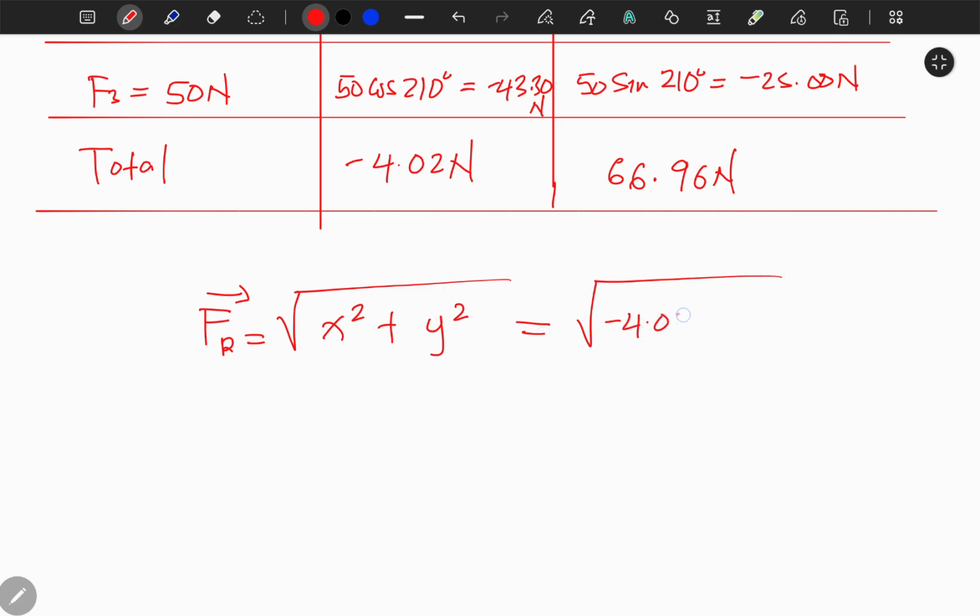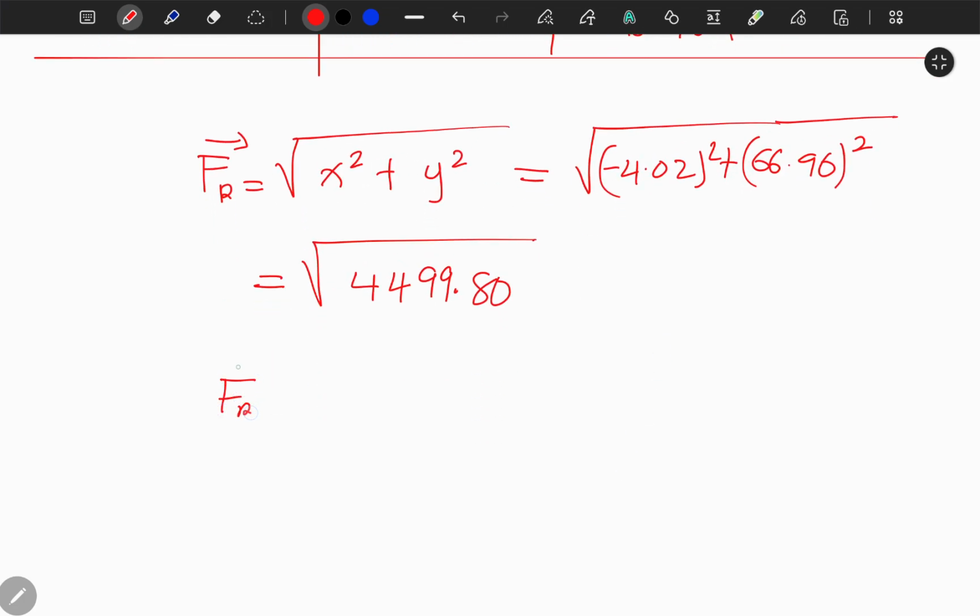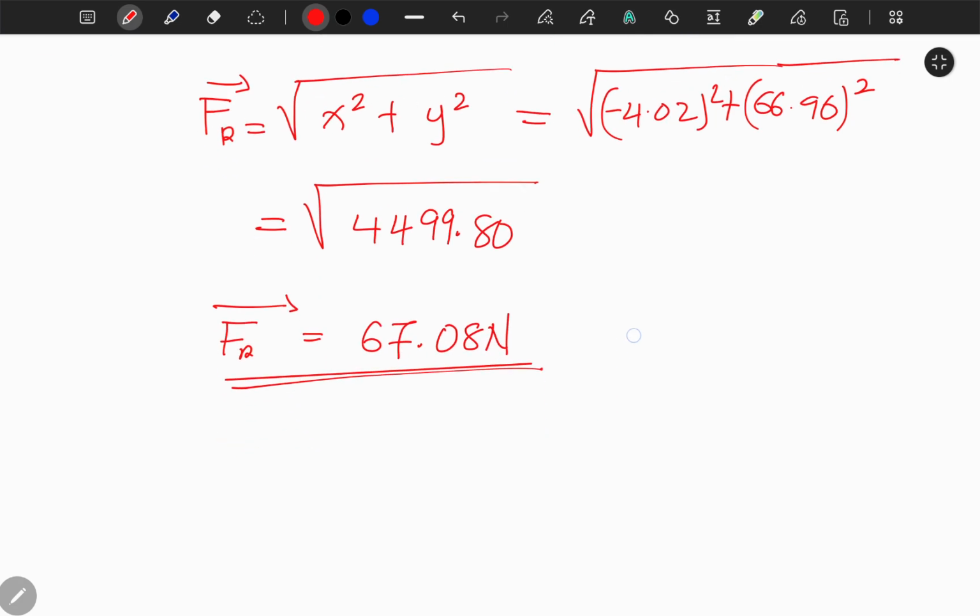So I have negative 4.02 squared plus 66.96 squared. Let's add. I'm getting 4499.80. Taking the root, our resultant force, or vector, whatever it is, I'm getting 67.08 newtons.